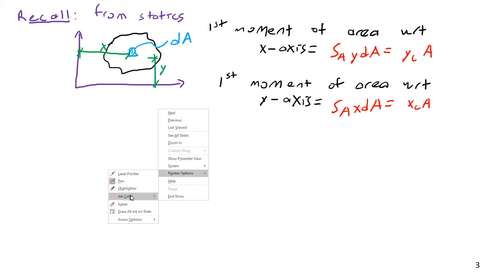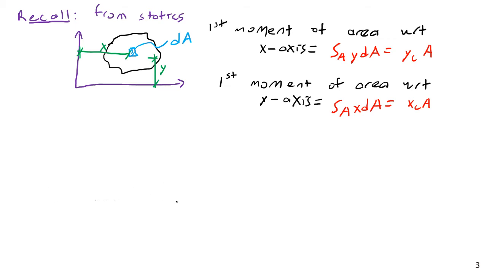So I go back to what I had previously. FR equals gamma sine theta y_C A, which is equal to gamma A times y_C sine theta.